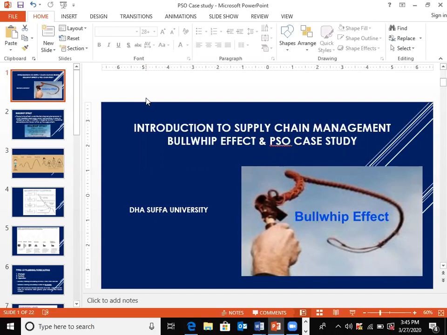So, just to start off with, on the front cover of this presentation, you can see an actual bullwhip. And what you'll see over here is that generally speaking, there is the variation, almost like a ripple effect. At the beginning, the bullwhip doesn't seem to have as much movement as there is towards the end, and there's a whole lot of movement at the end of this bullwhip.